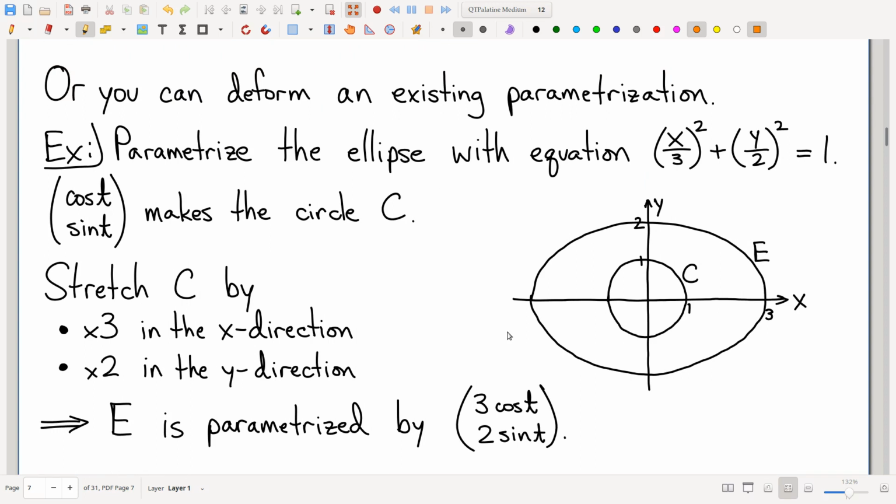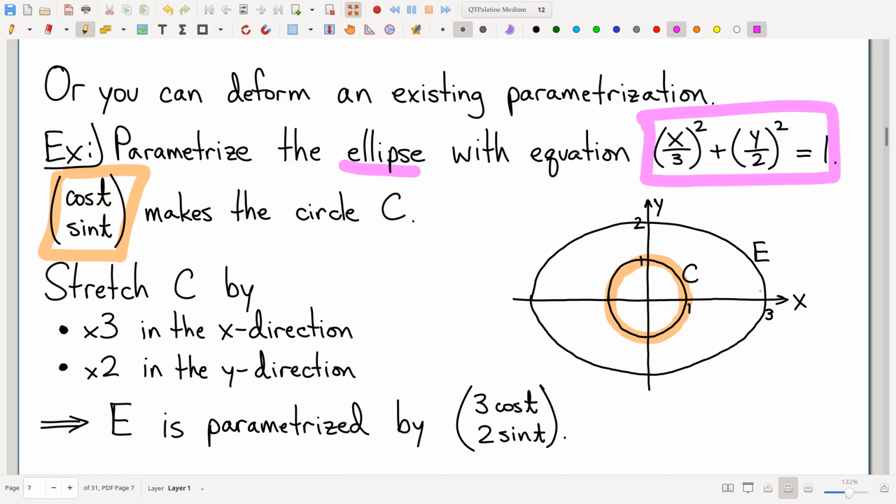Just a quick reminder, we've already discussed how to parameterize a circle. We've seen that one before, and we've made use of that parameterization a couple times already. That's our circle C. And now we are being asked to parameterize this ellipse that has this equation here.